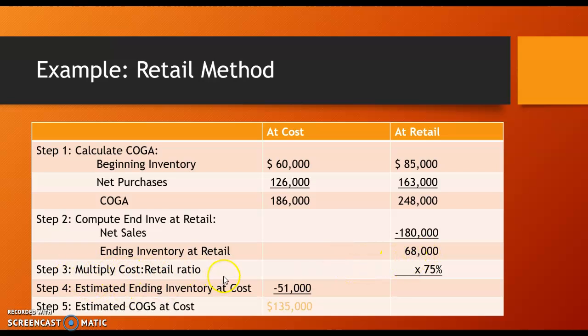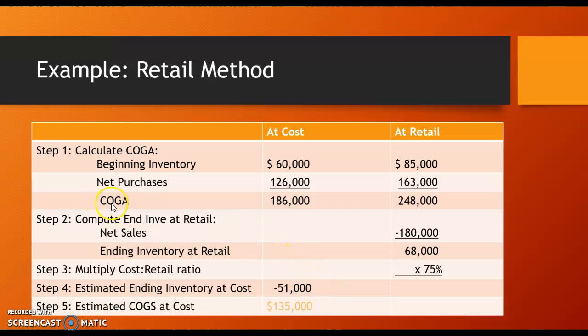We're going to multiply the cost to retail ratio that we had calculated out, the 75%, by our step 2 number. Okay, and that gives us the estimated ending inventory at cost, which is $51,000. 68,000 times 0.75 is 51,000.